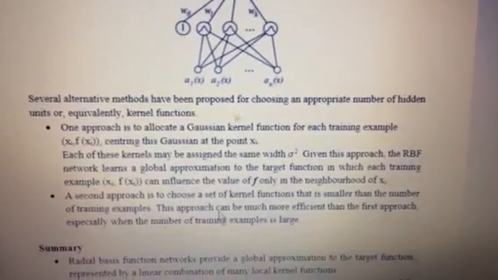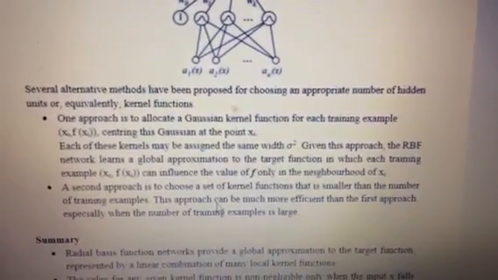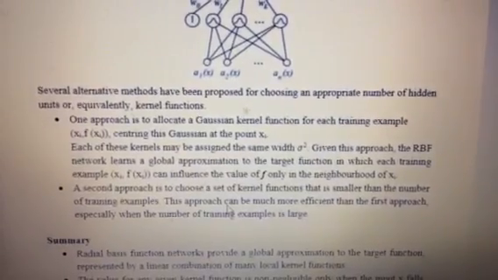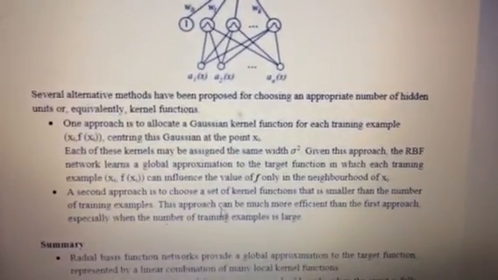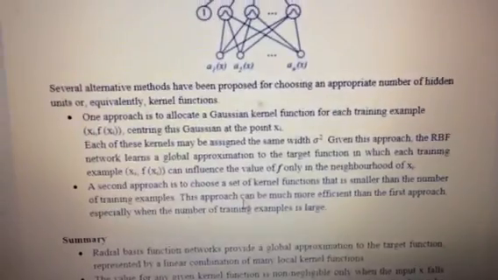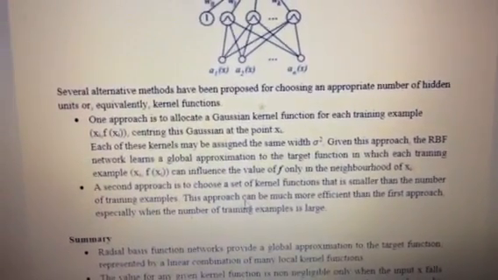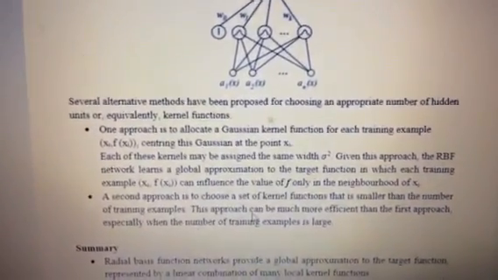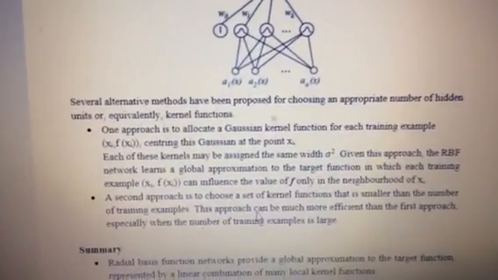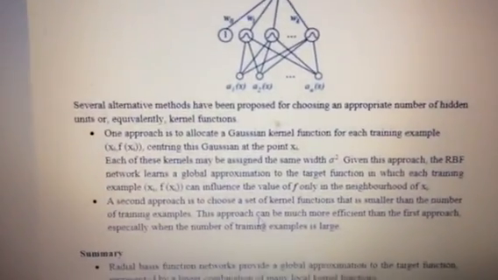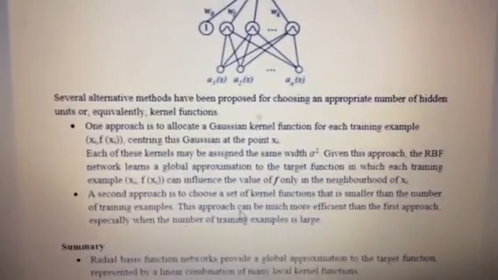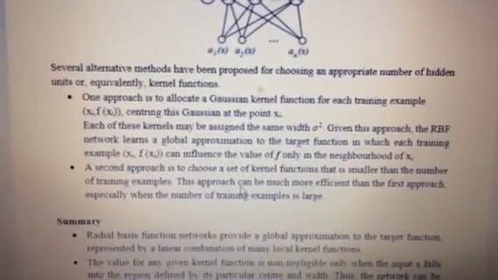The advantage of this choice of kernel function is that it allows the radial basis function to fit the training data exactly. The alternative approach, or the second approach, is to choose a set of kernel functions that is smaller than the number of training examples. Suppose I have 10 training examples, that is, the number of rows in a database is 10.